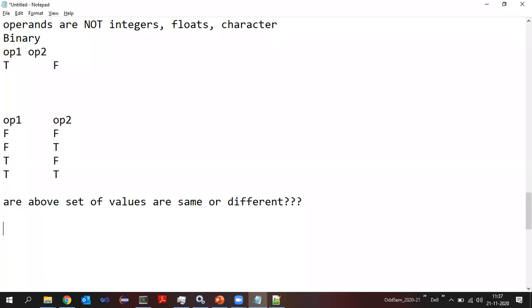They are different. All 4 are different. If you see the first one, both are false. Second one, first is false, second is true. Then you have true, false, then true and true. So these logical operators always work upon operands which are in terms of true or false.